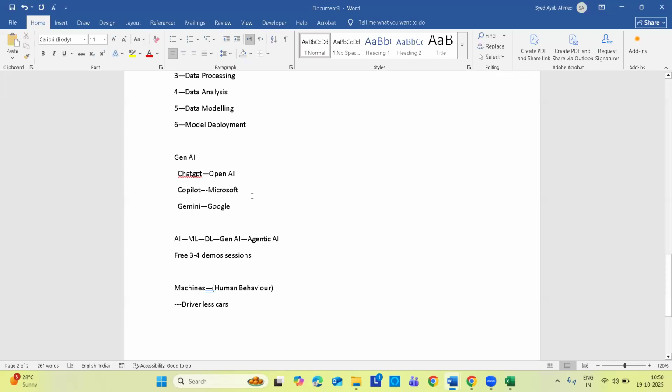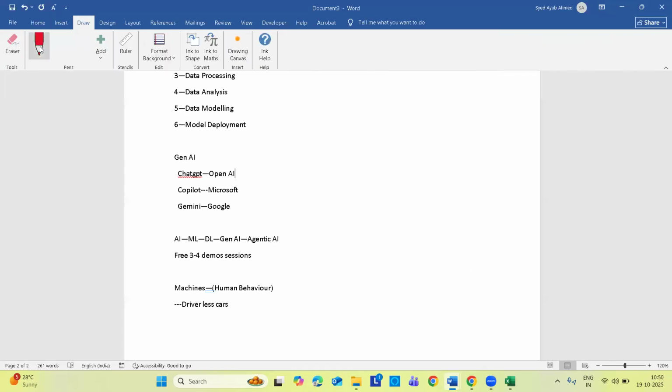So these three terminologies are there, right? These are representing labeled data. Labeled data means it has certain information.